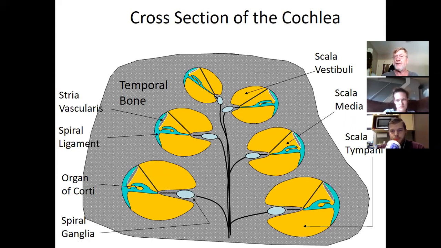We just sliced it in half. So now you can see that this is bone surrounding the whole thing. All the gray is solid bone. Petrous portion of the temporal bone. Now you can look at the 2.5 turns. The first turn, the second turn, and the last half turn.